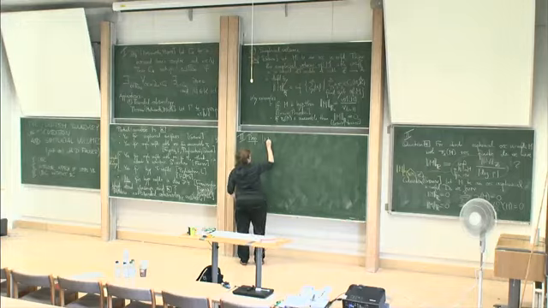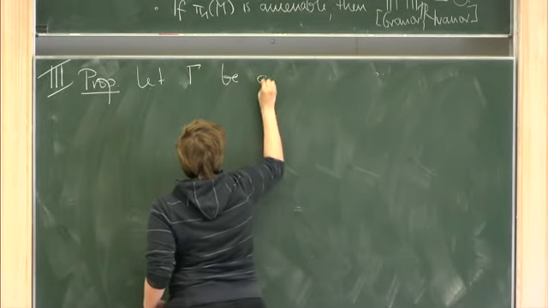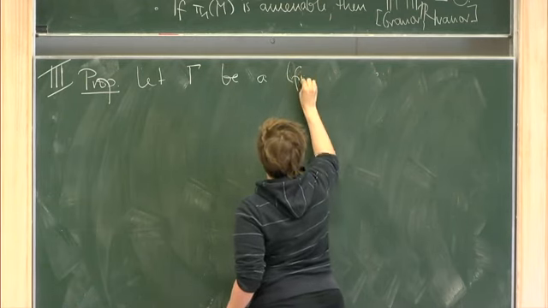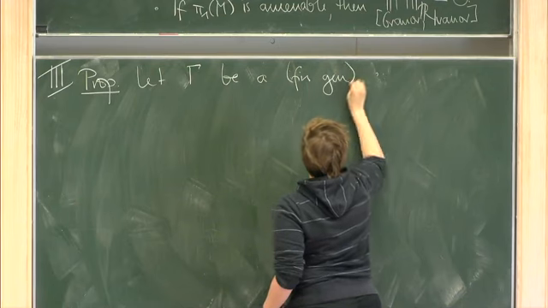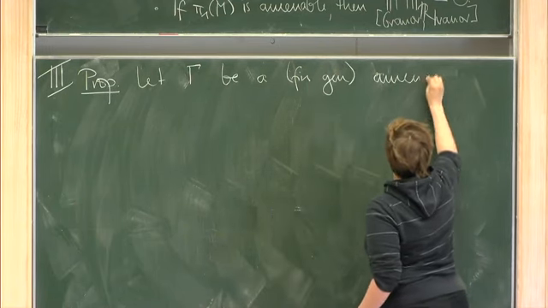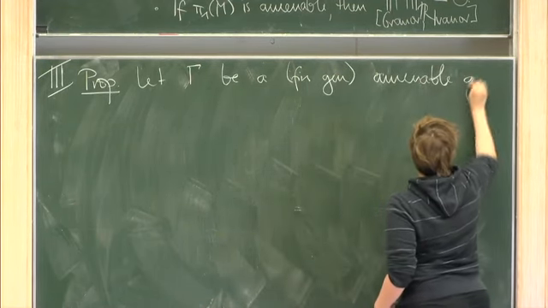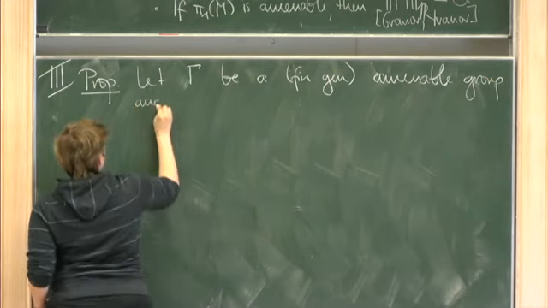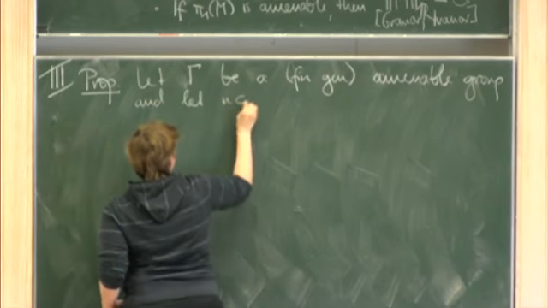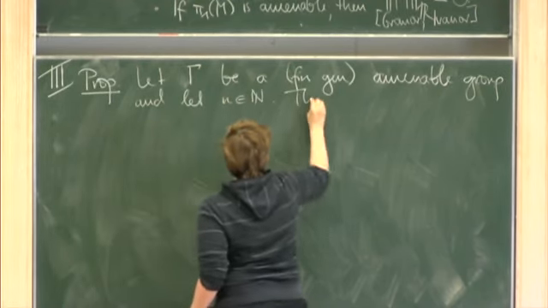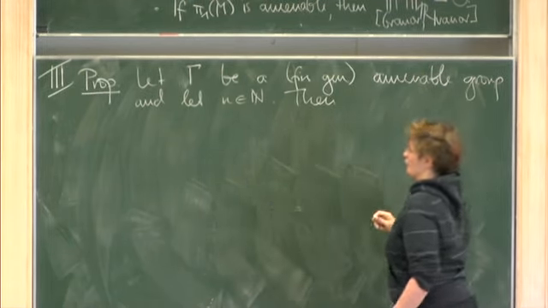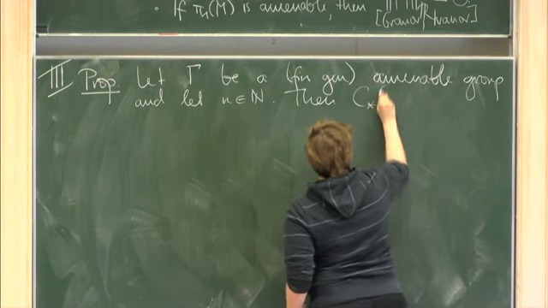Let gamma be an amenable group, and for simplicity, let's assume it's finitely generated, and let n in N. Then we already know that the chain complex satisfies n-UBC, but let's prove it again.